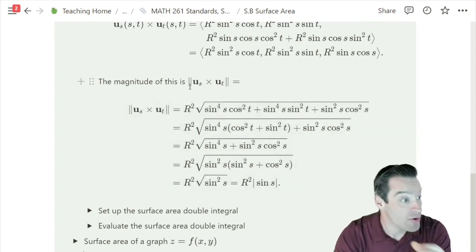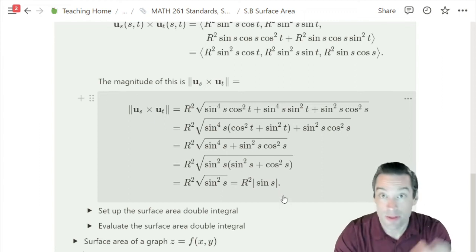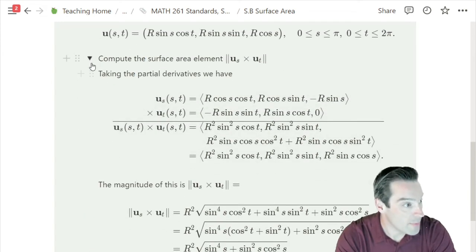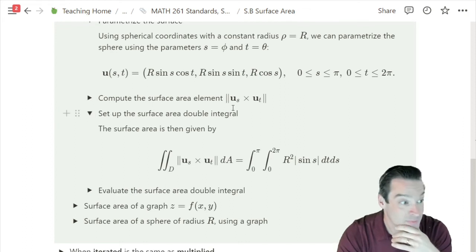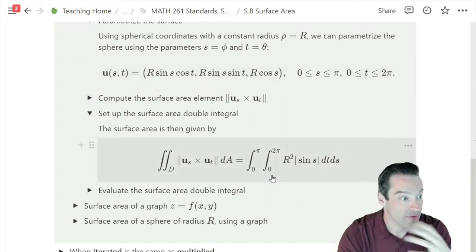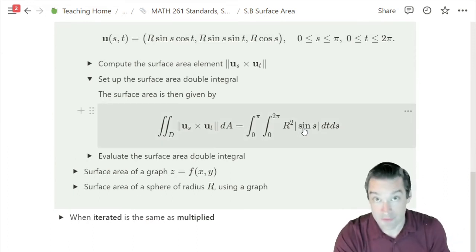And so the magnitude of my cross product of partial derivatives is just r squared times the absolute value of the sine of s. And so that's going to be the thing that we're going to need to integrate over our ranges of s and t that are appropriate for my parametrization. Well, the good news about that absolute value is that because my s variable here ranges only from 0 to pi, the sine of s is always going to be non-negative over that interval.